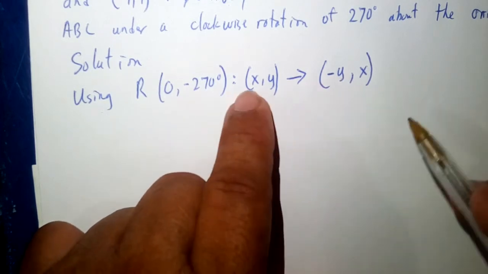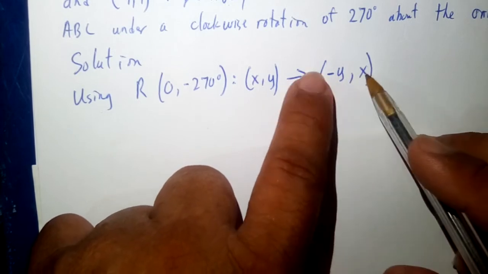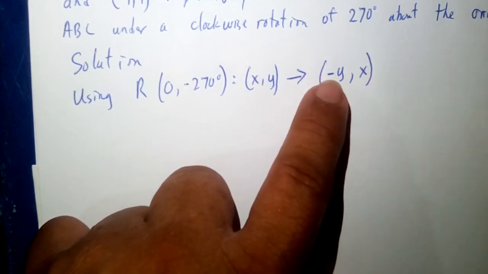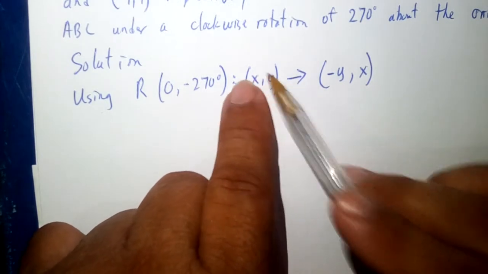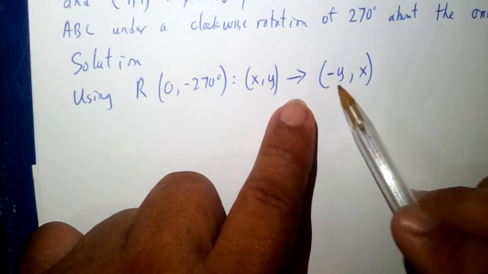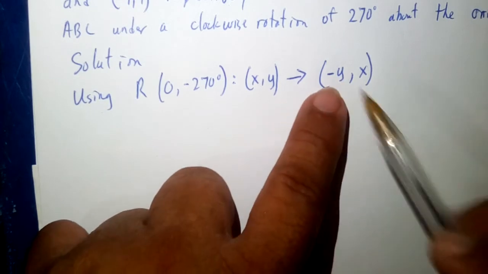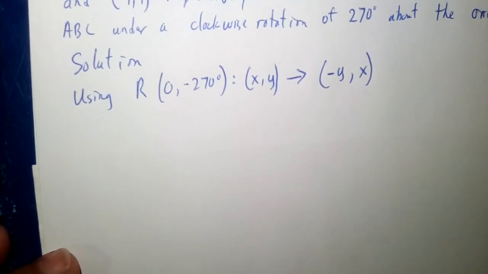I'm not saying that the x becomes that, they just change position, in the sense that the x will become the y value, the y will become the x value, but you negate that y value, that becomes negative. Okay, so let's continue with our solution to this problem here.